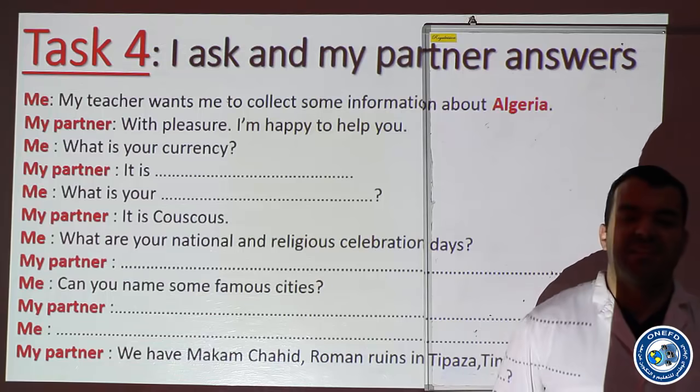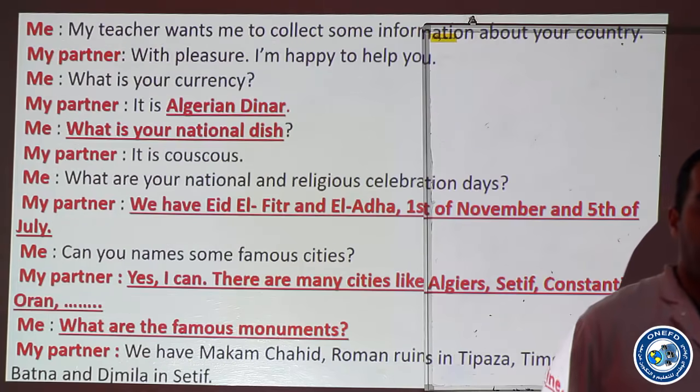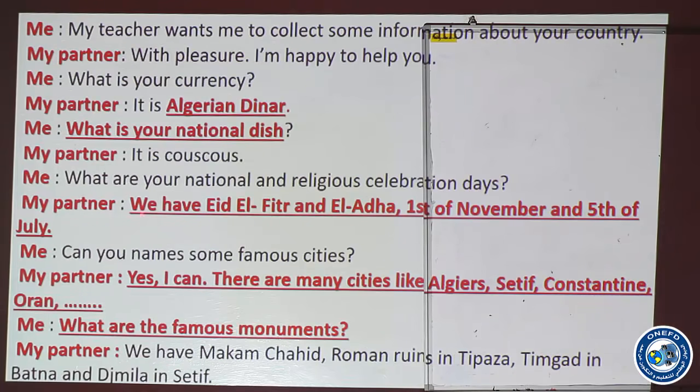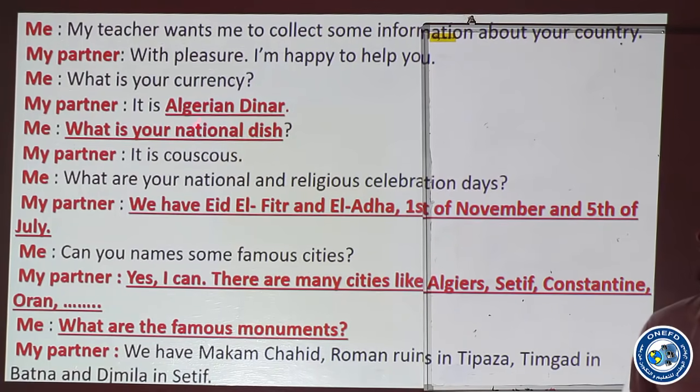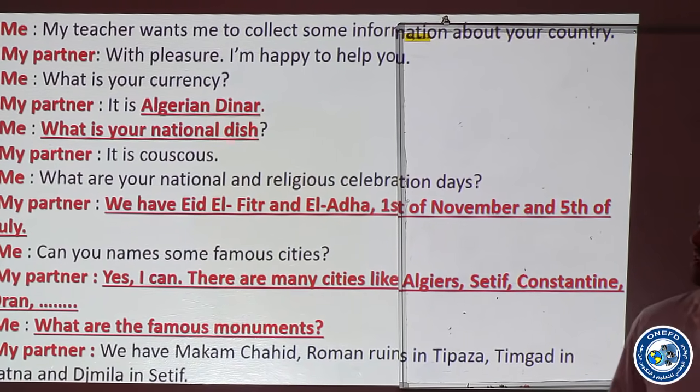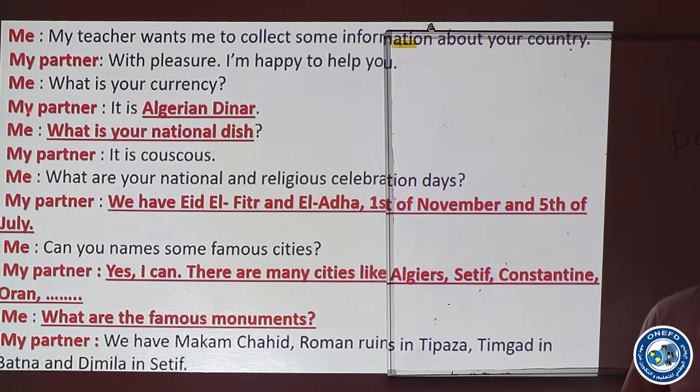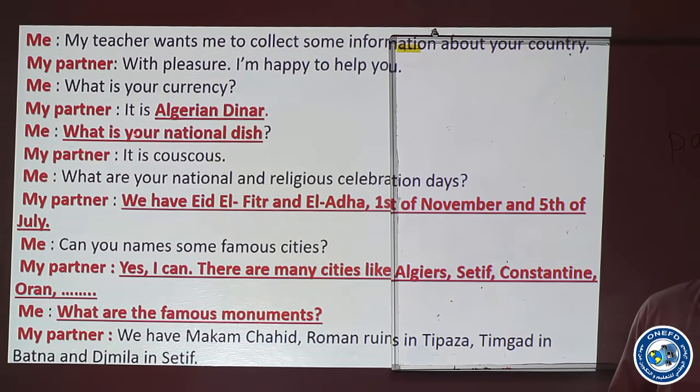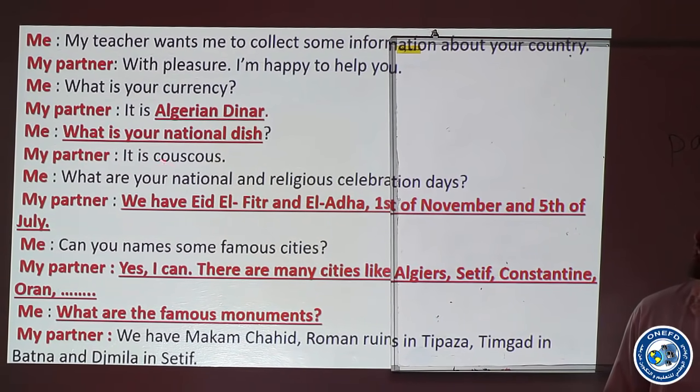Okay, let's correct. What is your currency? My partner: It is the Algerian dinar. Me: What is your national dish?